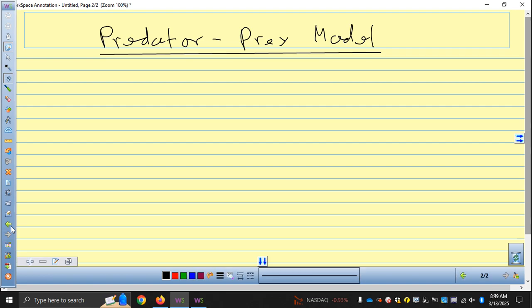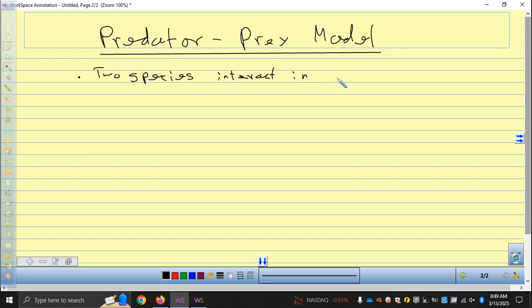Predator-prey model. So what we're assuming here for the predator-prey model is that we have only two species, and they interact in some area.